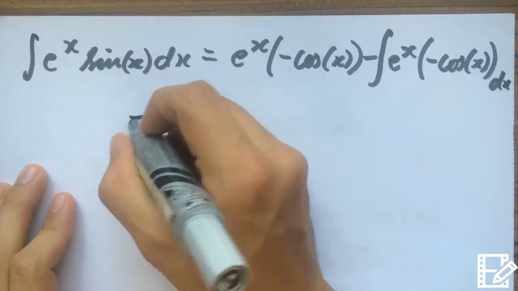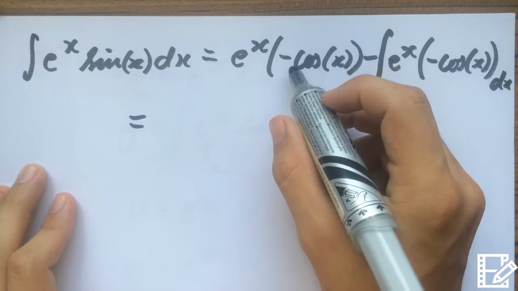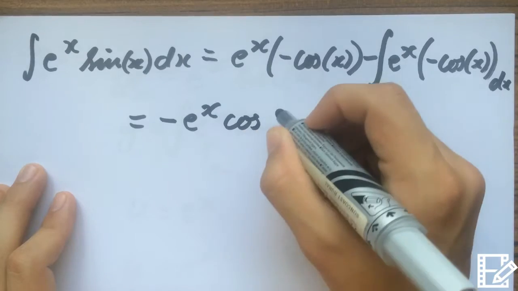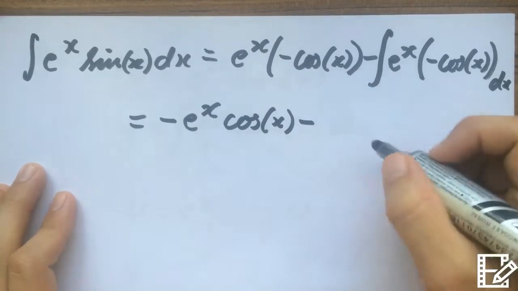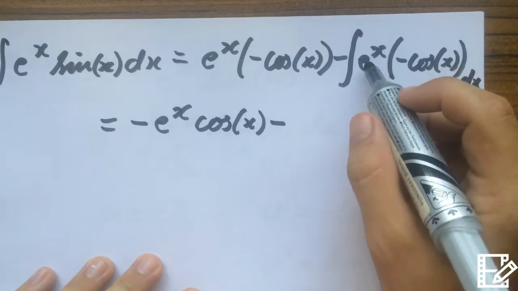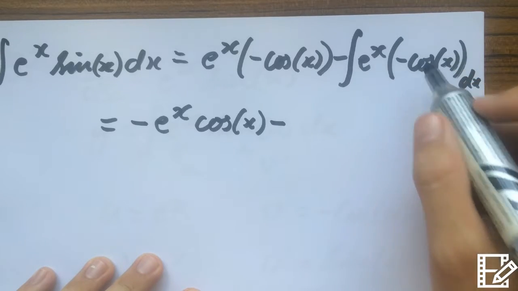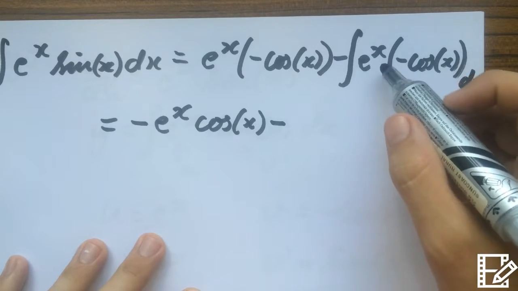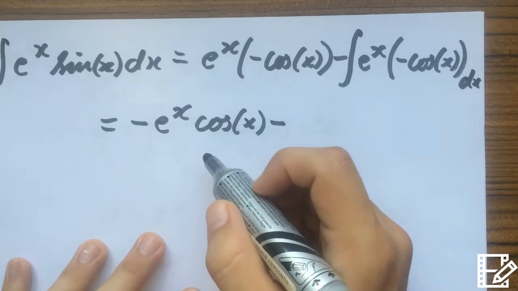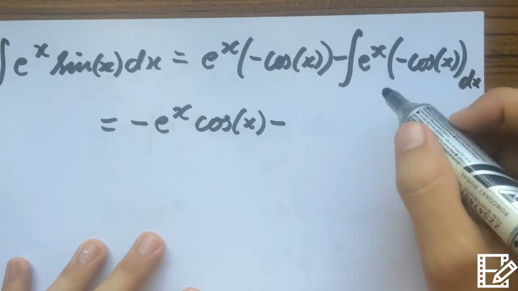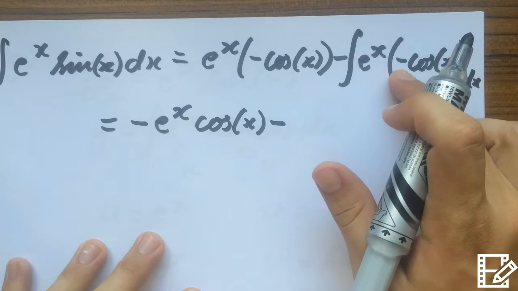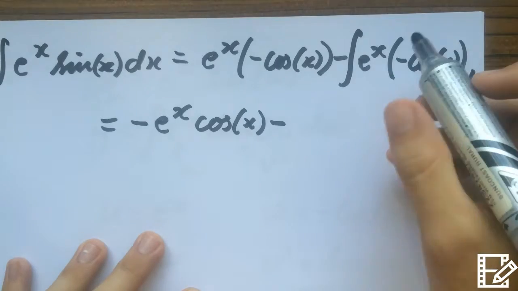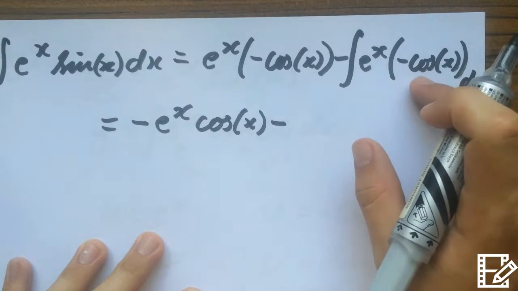Okay? e to the x multiplied by negative cos x is negative e to the x cos x. Subtract the integral of e to the x multiplied by negative cos x. Well, if we multiplied that together, we'd get negative e to the x cos x, just like here. But essentially we have to get rid of that negative there, because that would be the same as negative 1 multiplied by cos x.